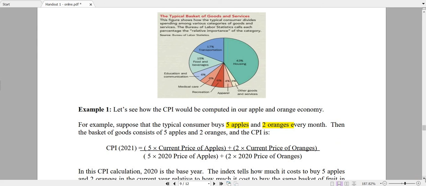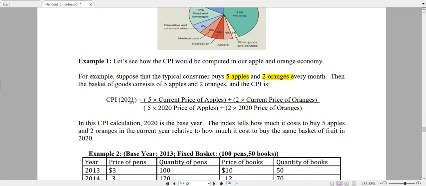Now, how would I compute CPI for the year 2021? I will calculate the cost of the basket in this year relative to the cost of the same basket in the base year. Let's assume that my base year is again 2020.